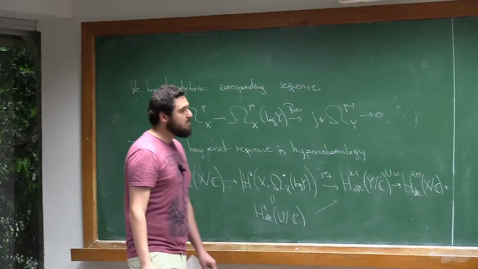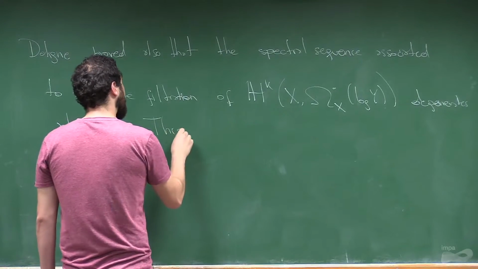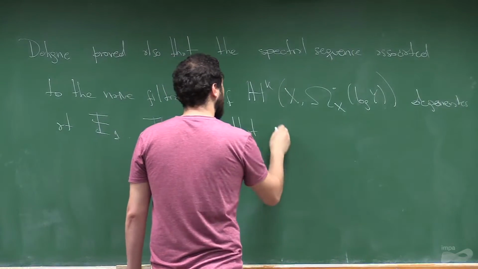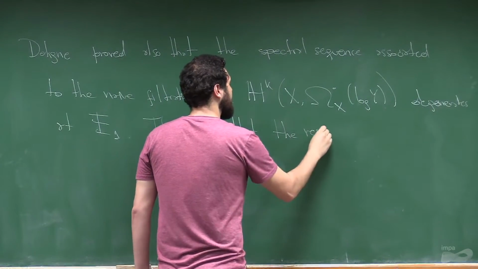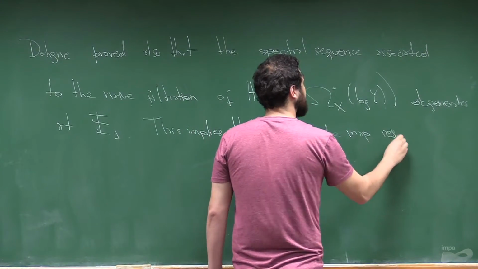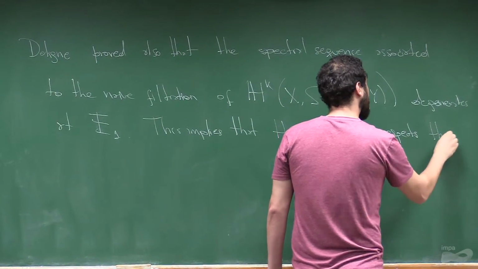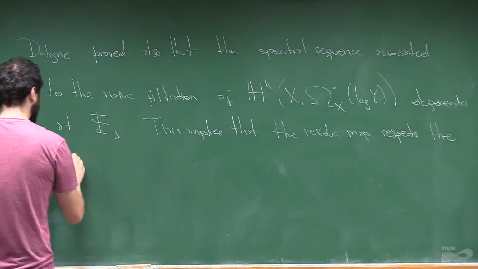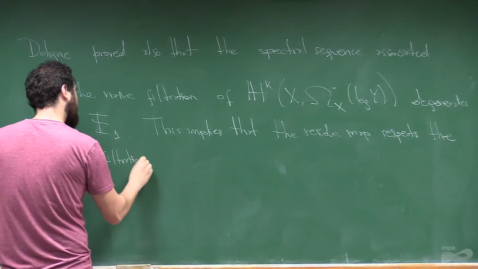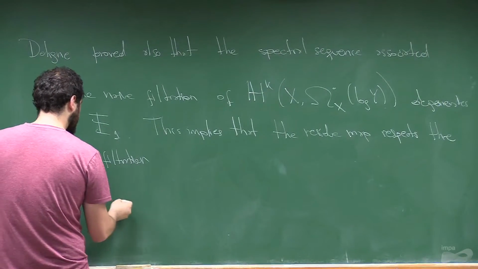So this implies that the residue map respects the naive filtrations. Right, and so we also have this long exact sequence here.